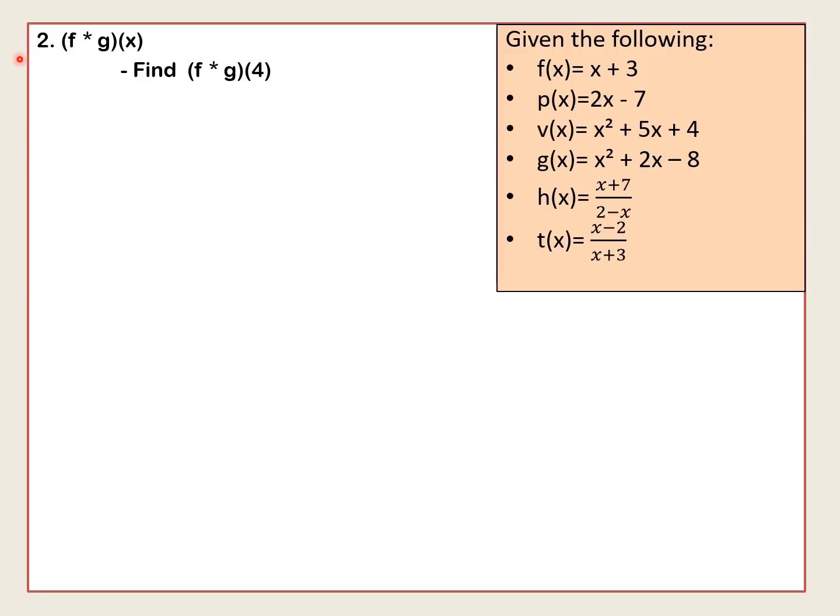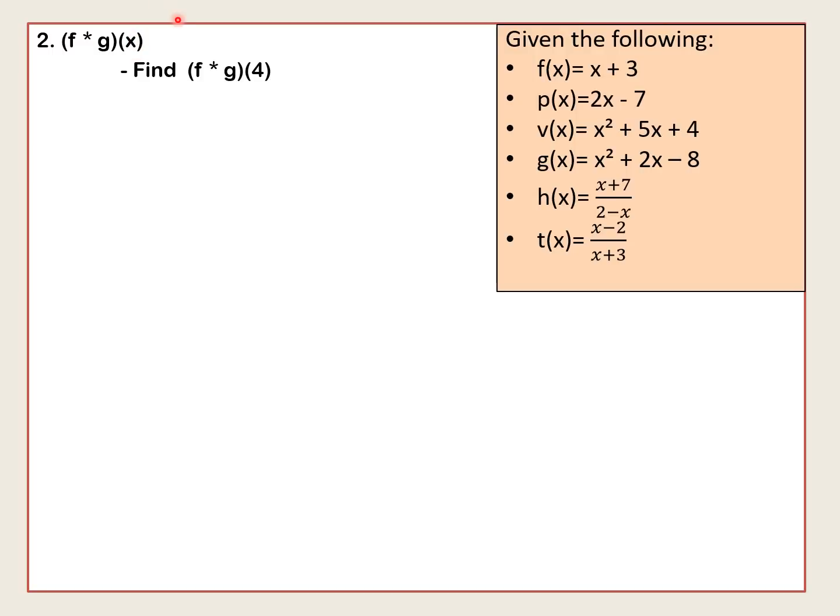So, what do we do first? Let's first get the value of the product of the two functions f and g. After that, after we get the product of f and g, that's the time we substitute 4 for all the x remaining in the product of f and g.